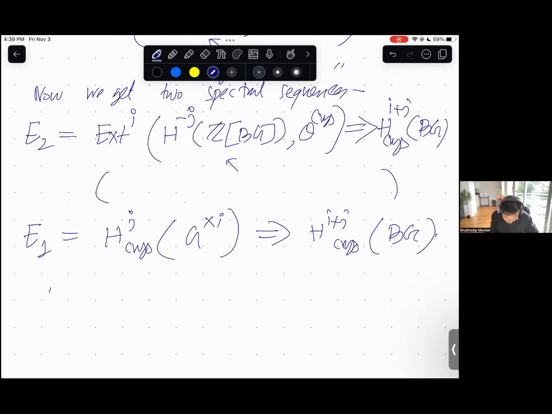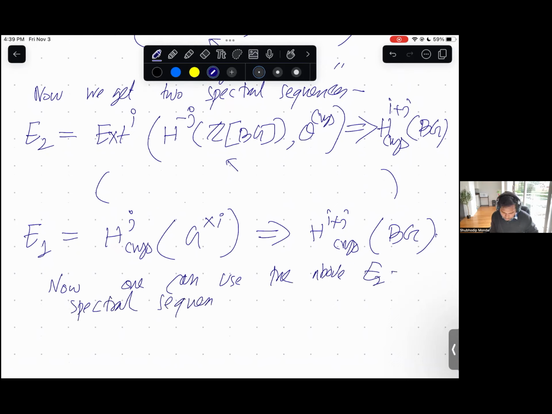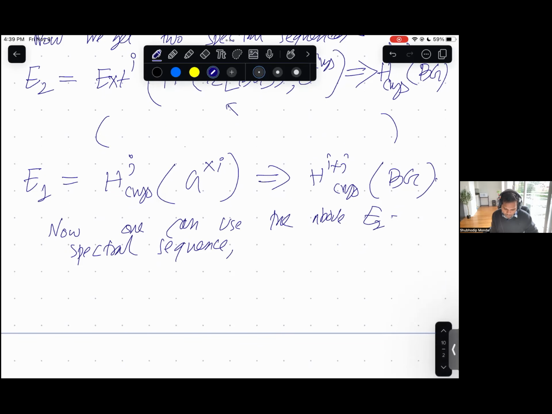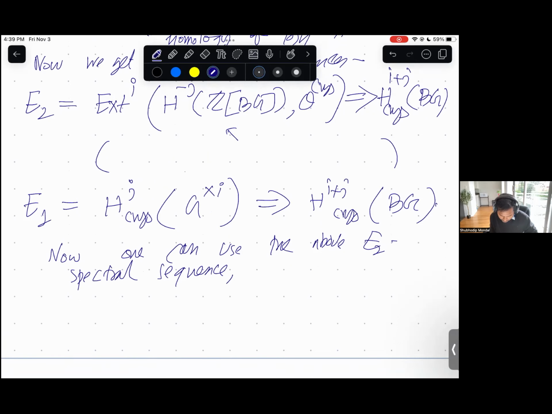So now one can use the above E2 spectral sequence. And also we can make some computations.